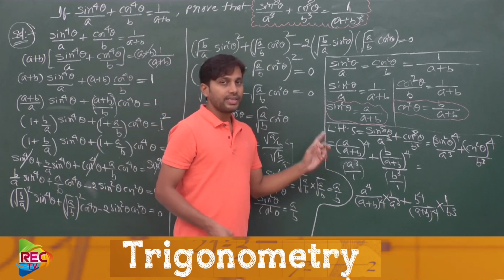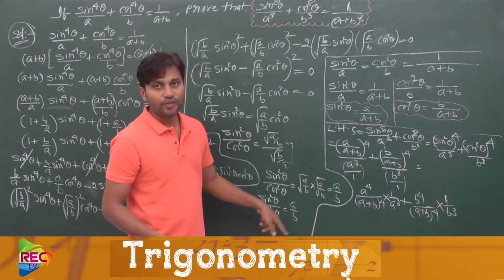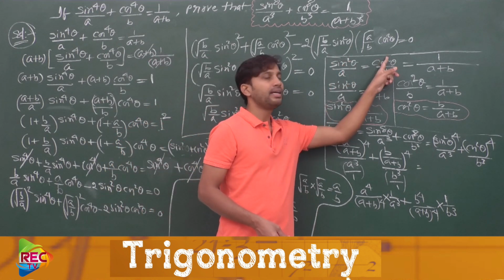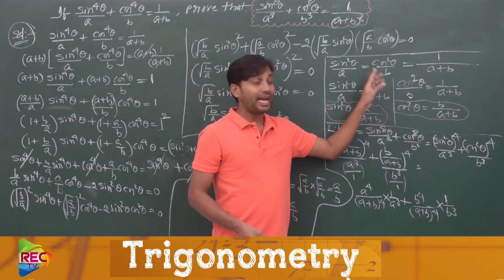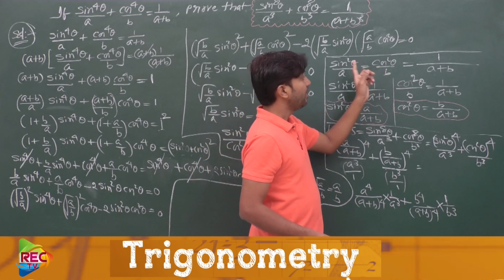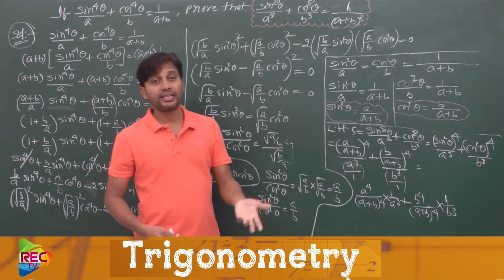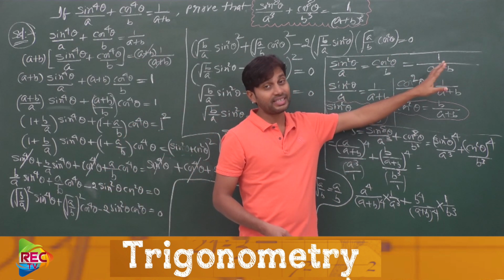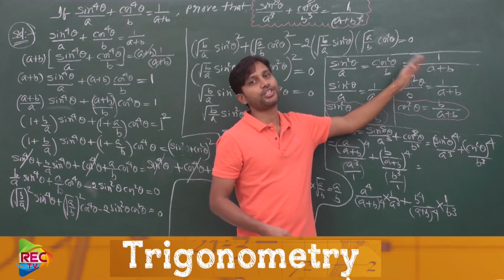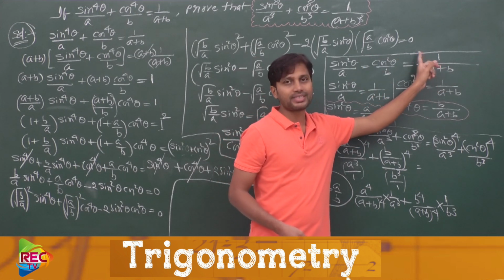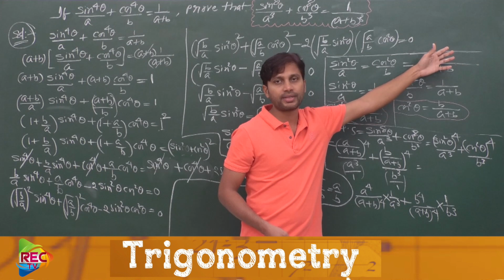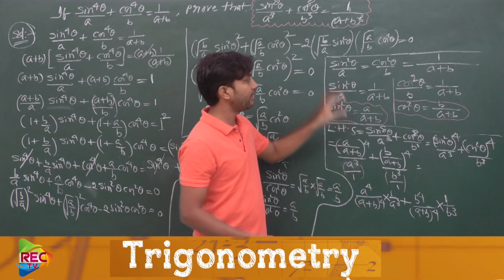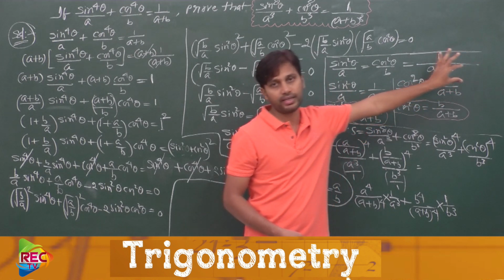We applied the rule of alternando here, and wrote sin square theta by a equal to cos square theta by b. And then what did we write? We took one property that on adding the upper parts and adding the lower parts, the ratio obtained will also be equal to each of them, and thus we obtained sin square theta plus cos square theta on the upper part, which is 1, and a plus b added together in the denominator, and these three ratios we got equal finally.